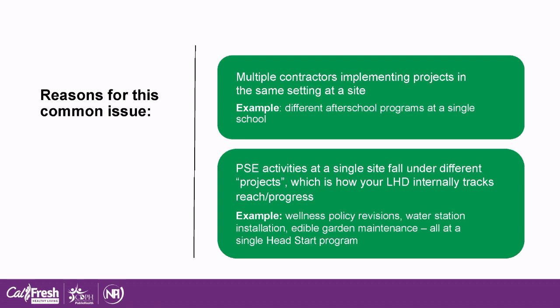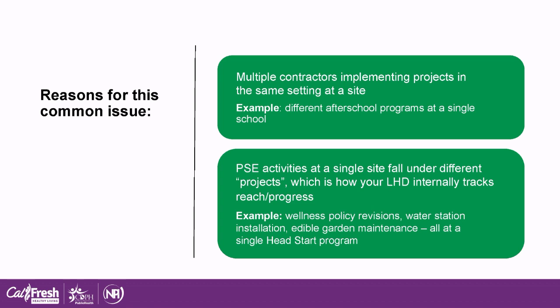This common issue could happen for a number of reasons, but I want to take a moment to highlight a couple of the most common causes of confusion around this topic. First, having multiple contractors implementing projects in the same setting at a site. Similar to the scenario in the last slide, you may have multiple after-school programs being hosted at a single site. Next, you may have PSE activities at a single site fall under different projects, which is how your LHD internally tracks reach or progress.